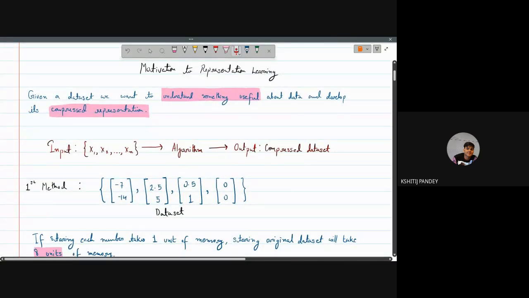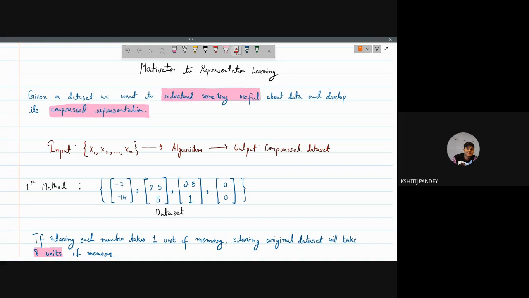Given a data set, what do we want to do? We want to do two things. We want to compress the data, extracting a compressed representation of it, and we want to learn something useful from the data. These are our two goals, and we'll be working on them in representation learning.